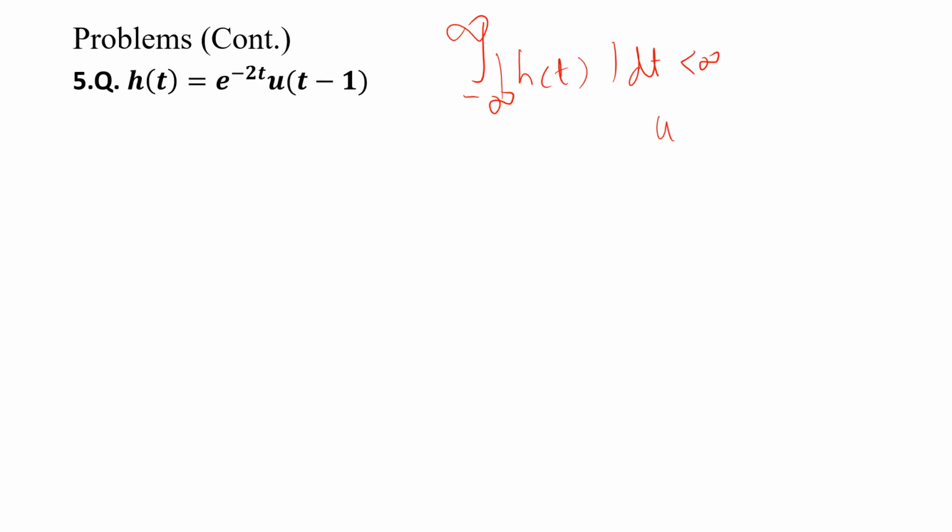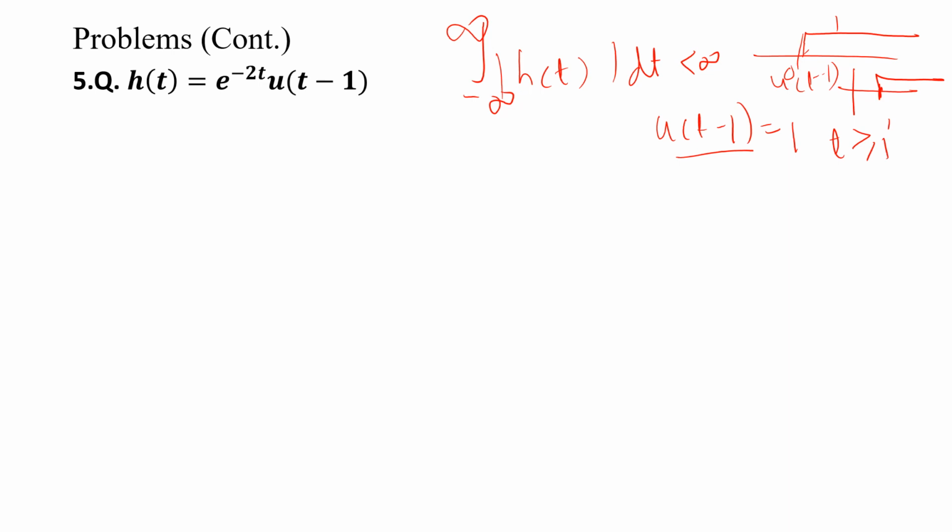So u of t minus 1: u of t is 0 for t less than 0 and 1 for t more than 0. So u of t minus 1 is shifted by 1 unit. It is equal to 1 for t greater than or equal to 1, and 0 otherwise.